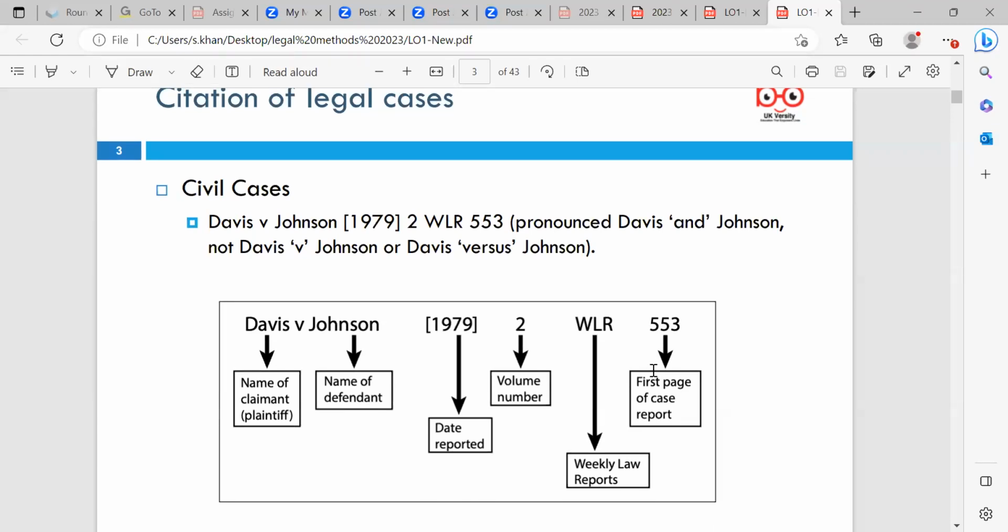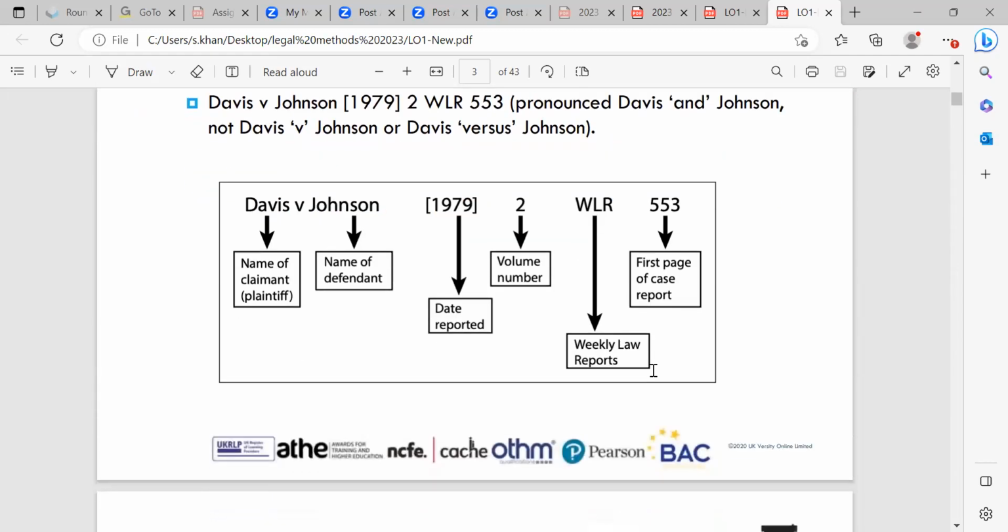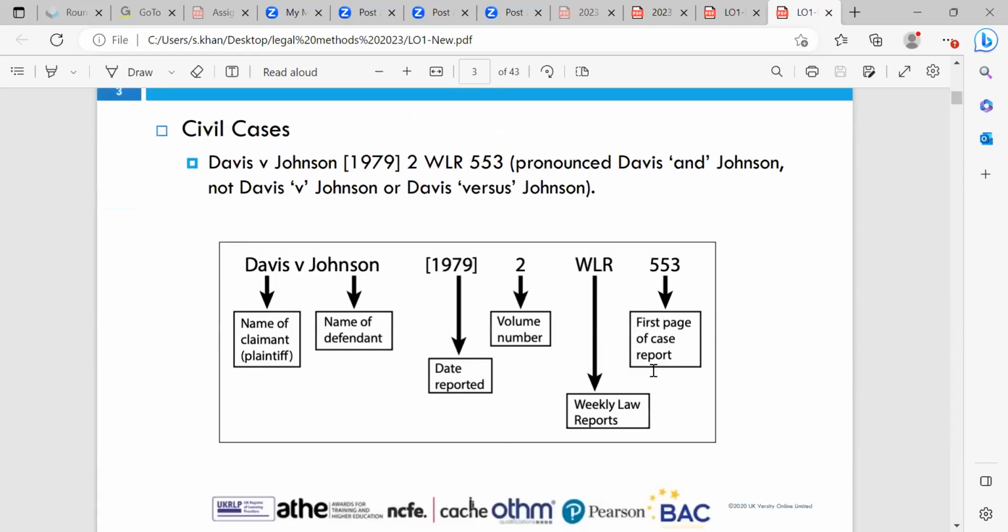WLR is Weekly Law Reports. It could be monthly law reports, or quarterly law reports, so you might say QLR, it depends. And 553 is the first page of the case report. This is how you fully cite cases.